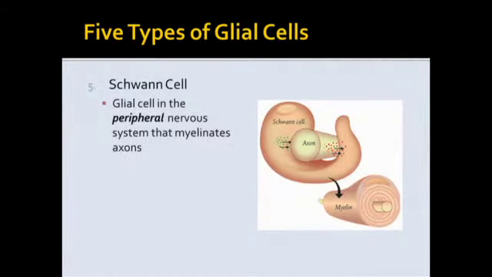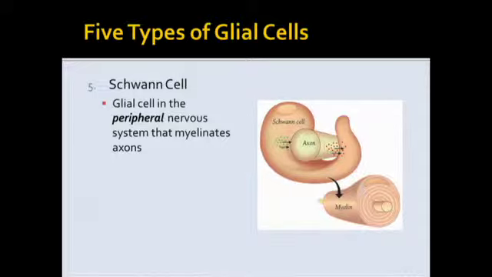By contrast, the final type of glial cell is something known as a Schwann cell. It is like the cousin of the oligodendroglia. So whereas the oligodendroglia myelinates cells in the central nervous system, the Schwann cell myelinates cells only in the peripheral nervous system. So oligodendroglia, central nervous system; Schwann cell, peripheral nervous system; myelin.